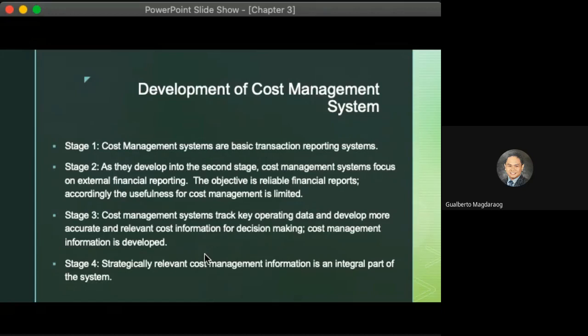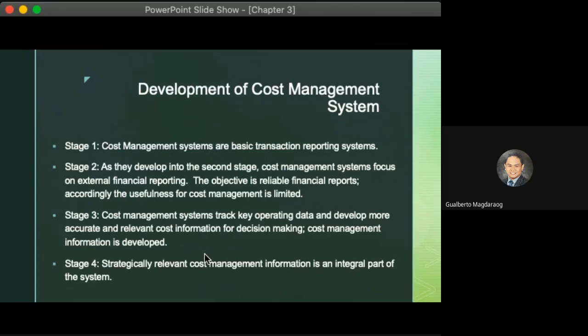Okay, so ito yung mga stages na dinadaanan niya. Kasi when you set up a business, hindi naman talaga cost management agad eh. More on accounting department lang muna. The primary purpose is to generate financial reports na compliant sa mga standards that can be submitted to mga agencies of the government for us to comply.